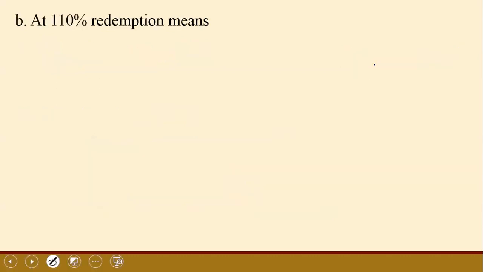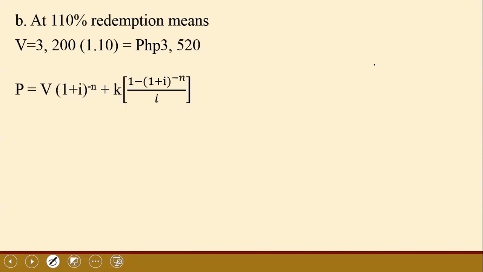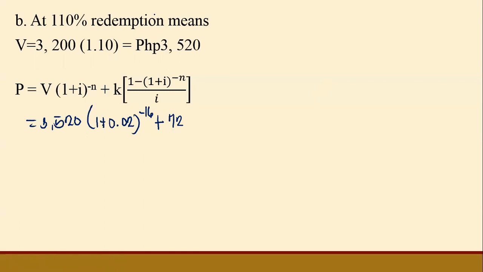Another one, at 110% redemption means, okay, so this is 3,520 times 1 plus 0.02 raised to negative 16 plus the coupon payment na 72 times 1 minus 1 plus 0.02 raised to negative 16 over 0.02.